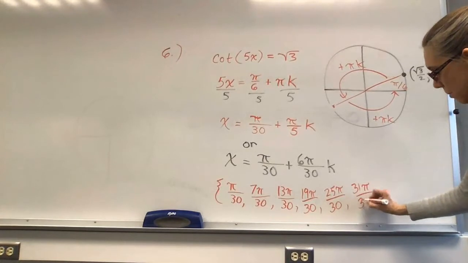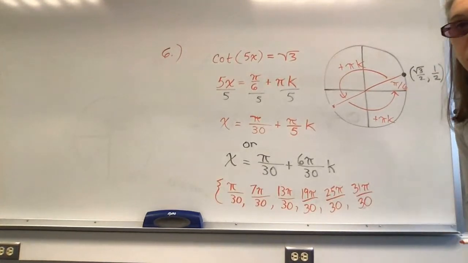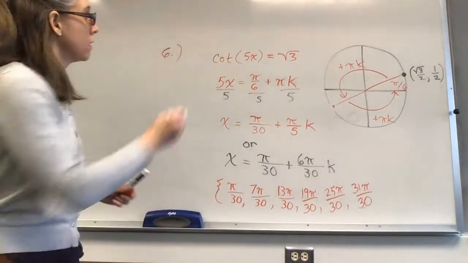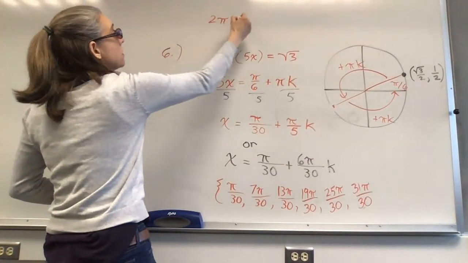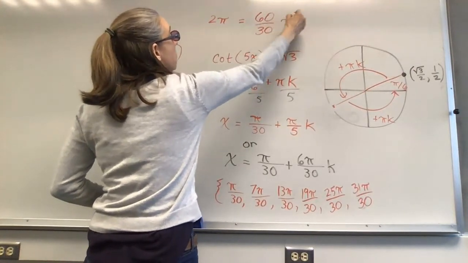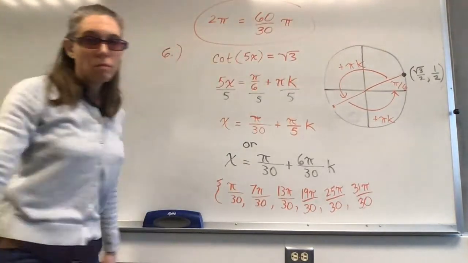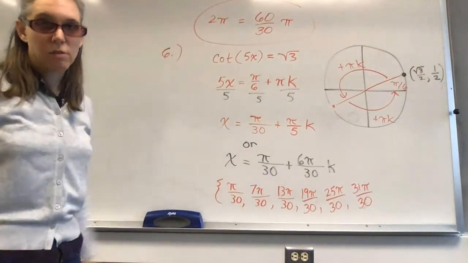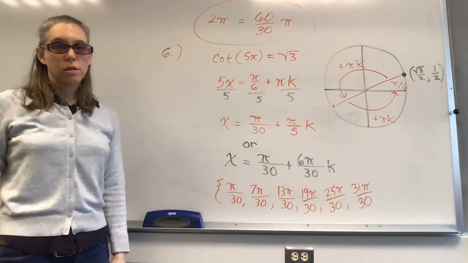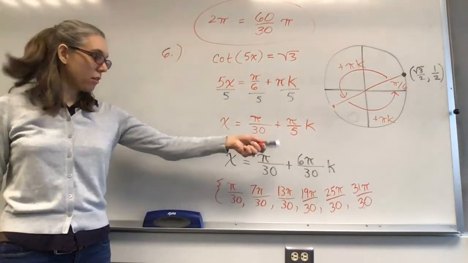When do I stop? I stop if I go past 2 pi. Now 2 pi is the same as 60 over 30 pi, right? 60 over 30 is the same as 2, which means I've got to keep going until I'm going to pass 60, and I'm at 31 right now.